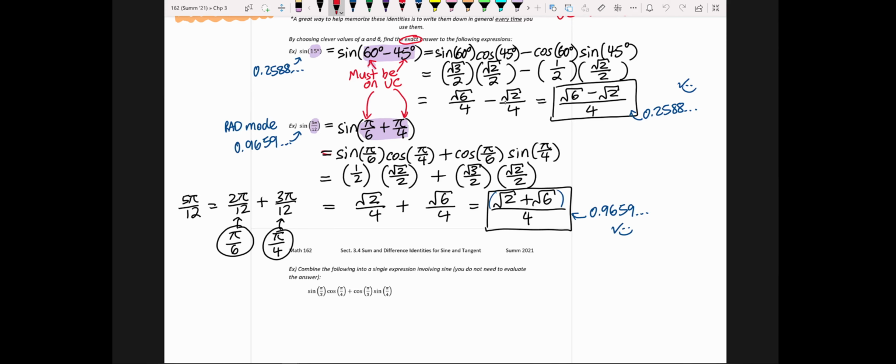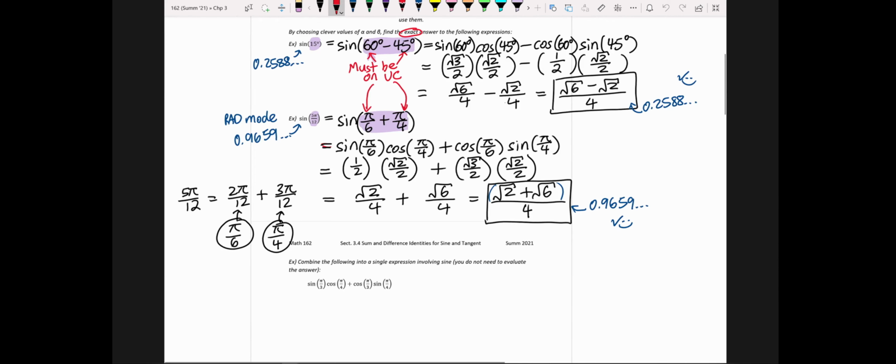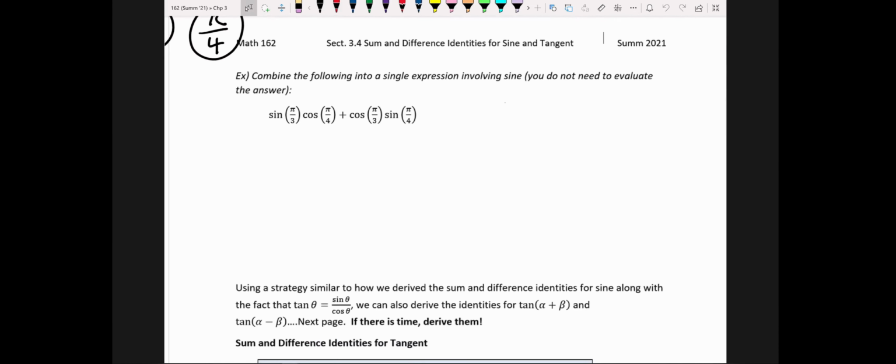Okay. When they already give you an expression in expanded form, you check to see, is it using the sine sandwich or the cosine expression? Cosine expression is cosine, cosine, sine, sine. The sine sandwich is sine, cosine, cosine, sine. So this one is the sine sandwich, because we see sine, cosine, cosine, sine.